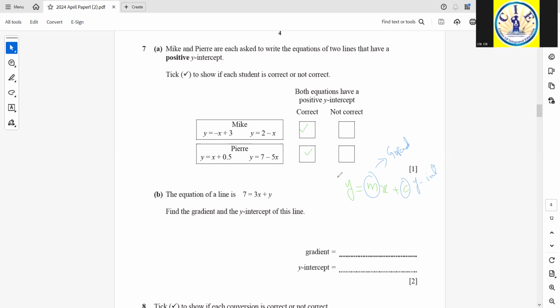So we can write down this equation as y is equal to minus 3x plus 7. So the gradient is negative 3, this one, and the y-intercept is 7. So this is how this question has to be done.